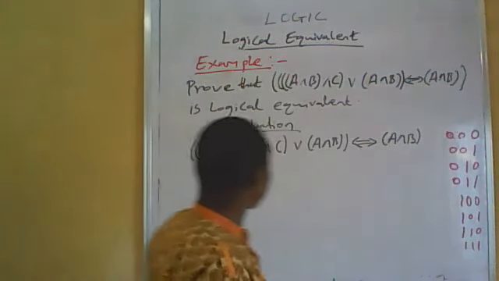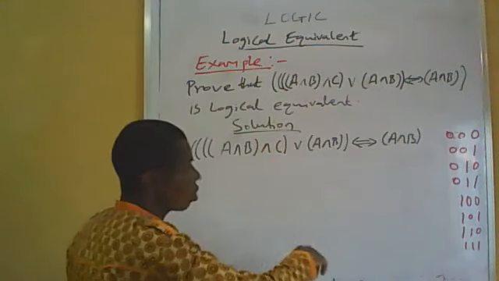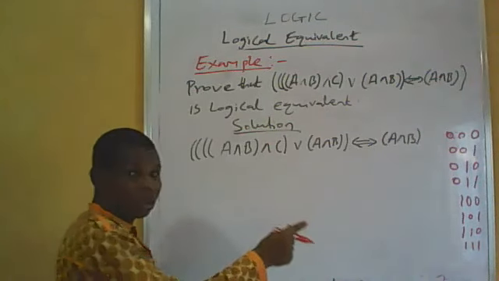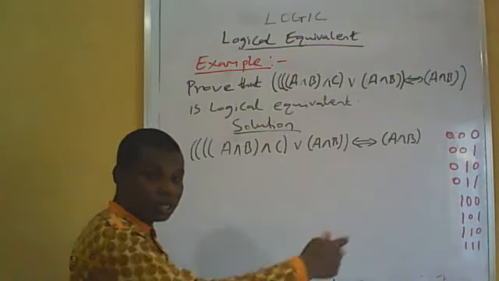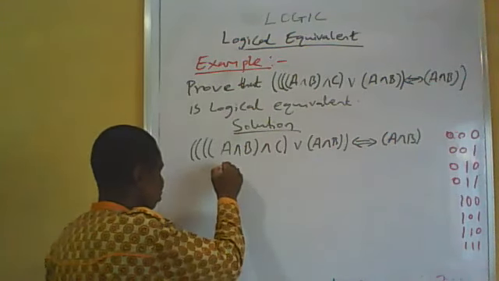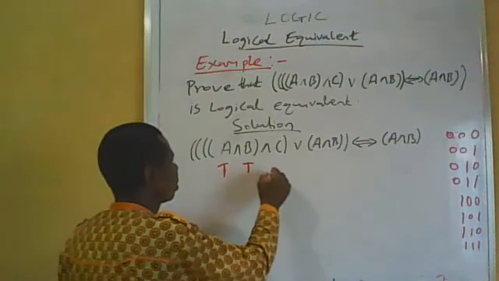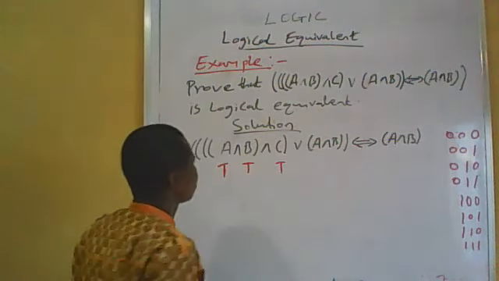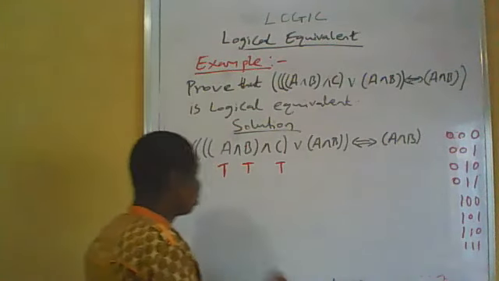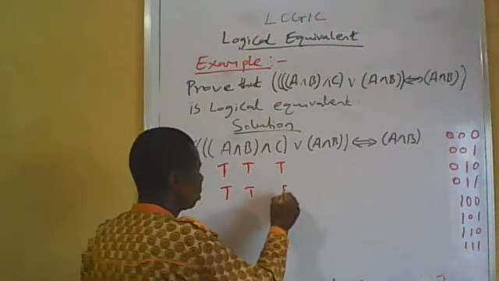You are going to assign these simple statements A, B, C to 1, 1, 1. That means T, T, T. That is, A will be T, B, T, C, T. Another one we have 1, 1, 0. That means T, T, F.